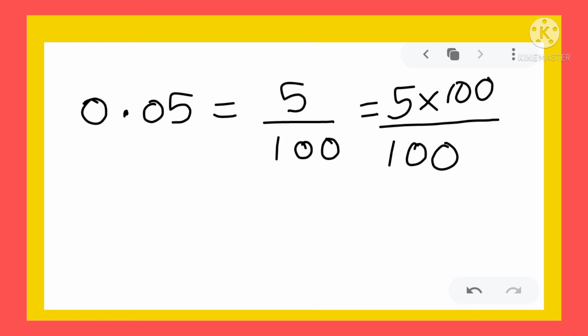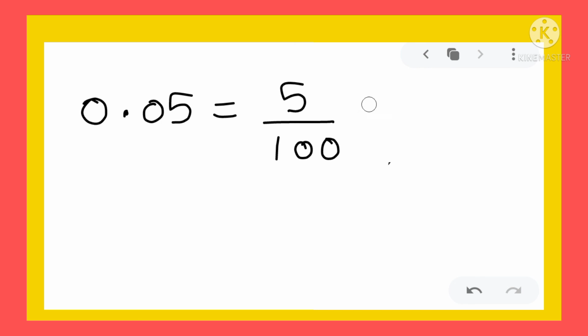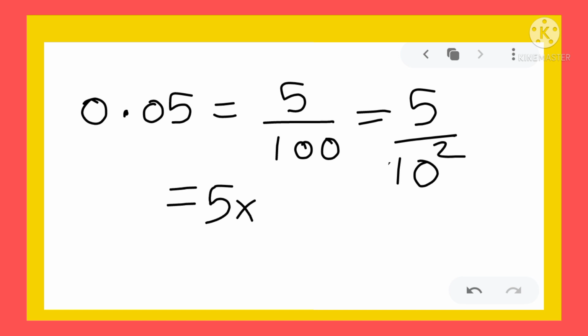This is the way we can write. Or it is very easy to write it like 5 by 10 raised to 2. That is 5 into 10 raised to negative 2. Since here 2 decimal places are there, we want to write it as 10 raised to negative 2.